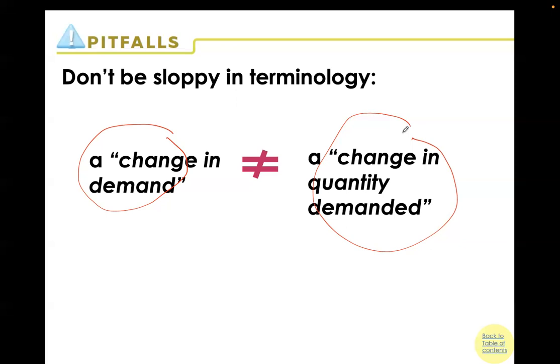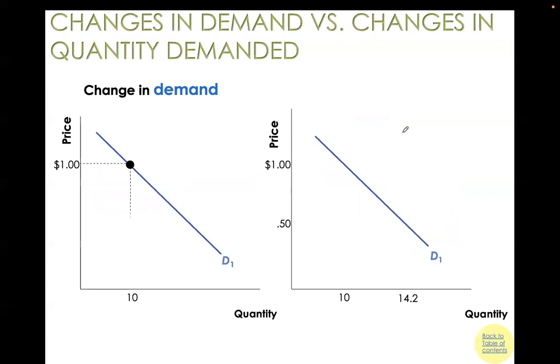Now, what is a change in demand? With a change in demand, essentially you're changing the pattern. Meaning even if the price doesn't change, the quantity demanded is going to change. So we have two pictures to show you the difference.